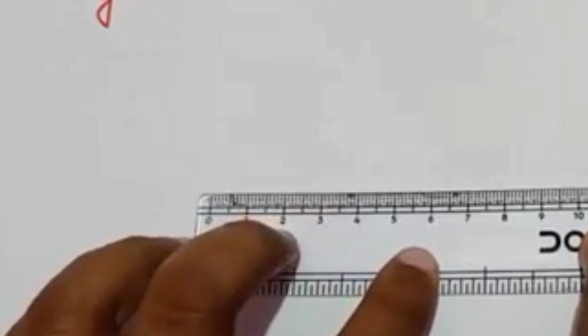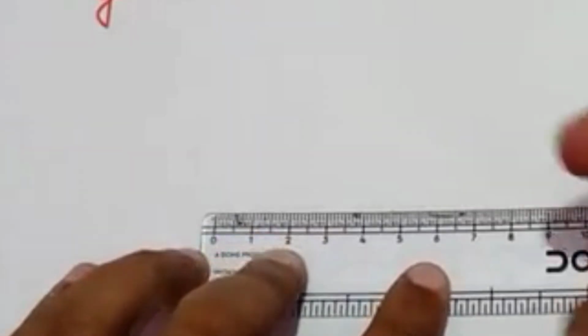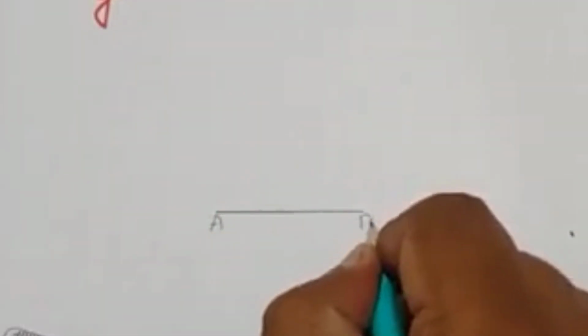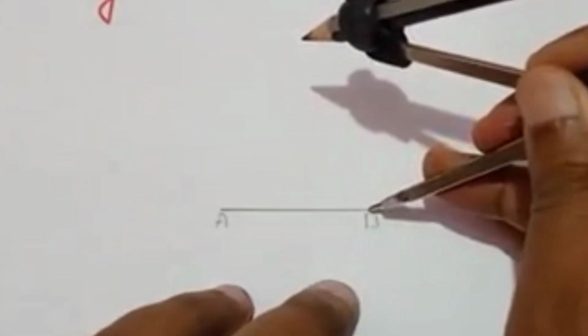I will be drawing a line of this length. This is A and this is B. Now take the compass and measure this length from A to B, or B to A, 40 mm, and draw an arc here.